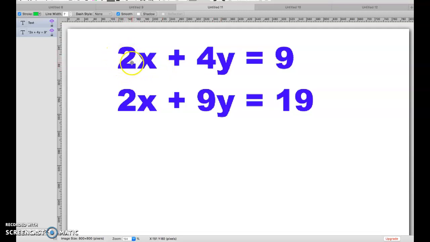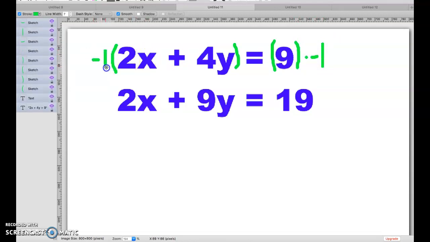So I need to make this 2 and this 2 be opposites of each other. What's the opposite of this 2? Negative 2. So I need this 2 to become negative 2. So what times 2 is going to give me negative 2? Well, that's negative 1. So I need to multiply the entire side of this equation and the entire side of this equation, both by negative 1.